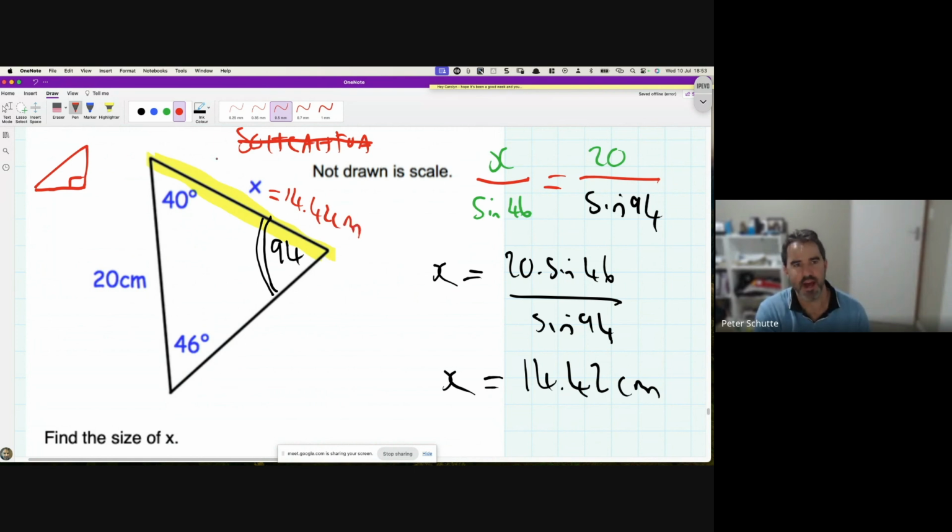Okay, now I think for the final question today, I want you to find me the length of the green squiggly line. What is the length of the green squiggly line going to be? I'll call it y.